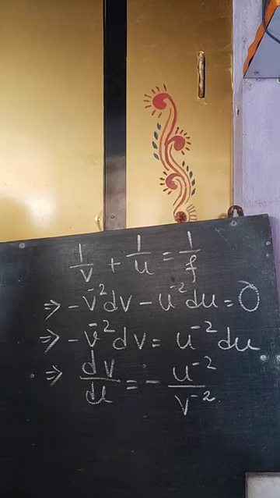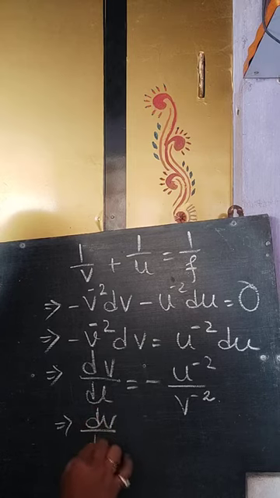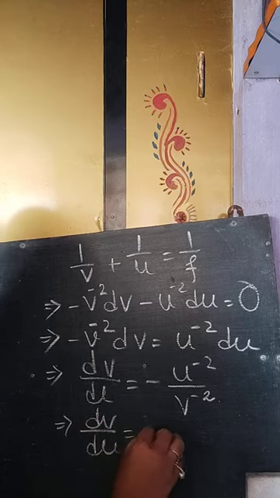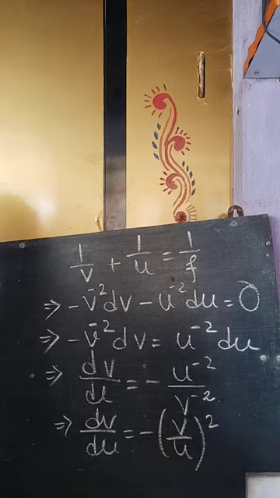From there, dV by dU equals minus V by U whole square.